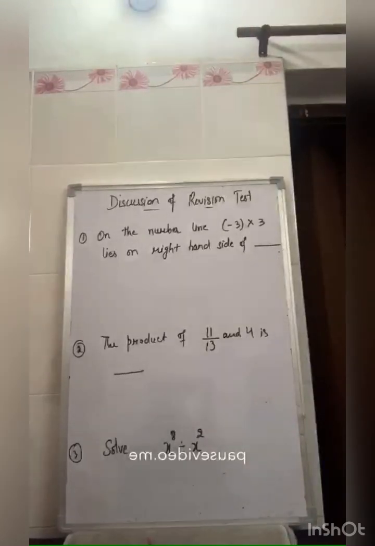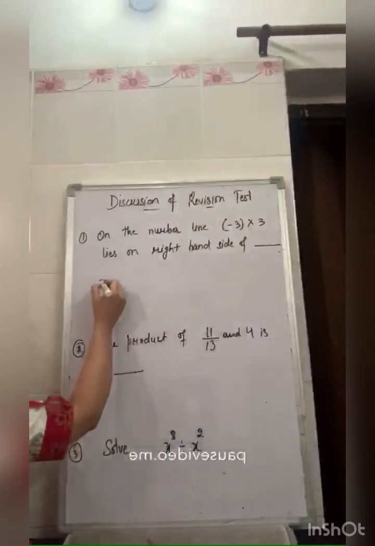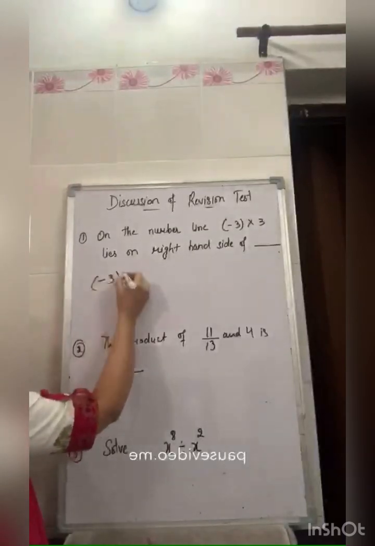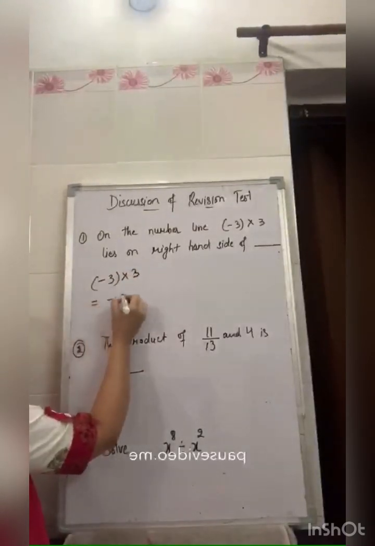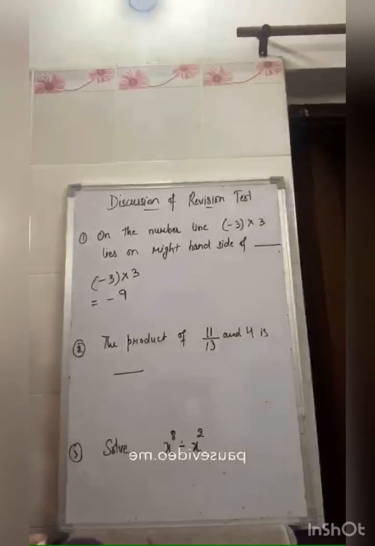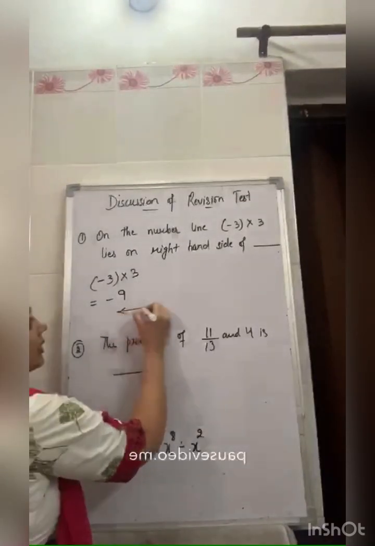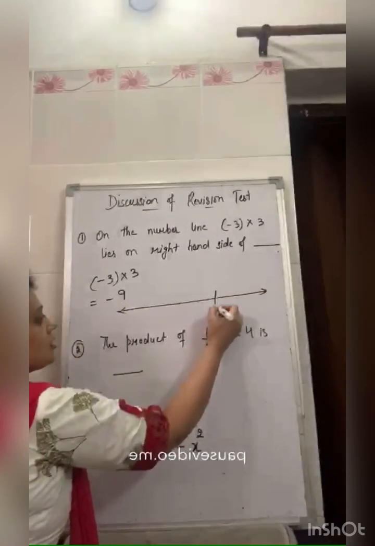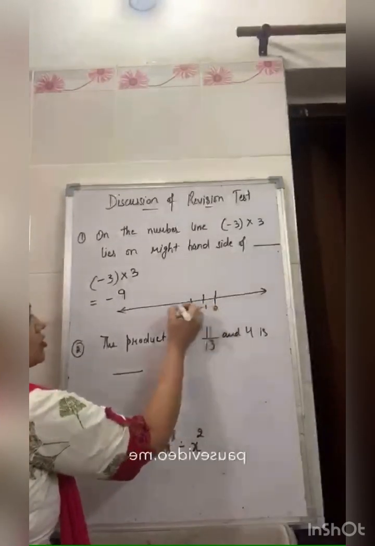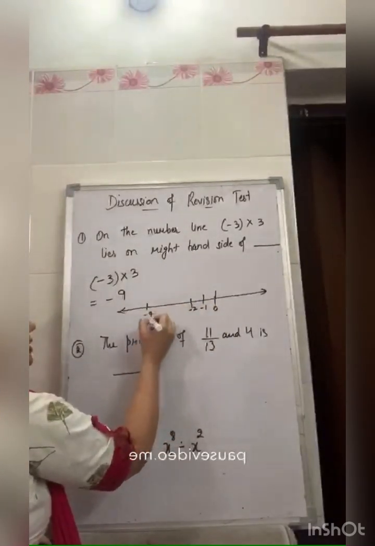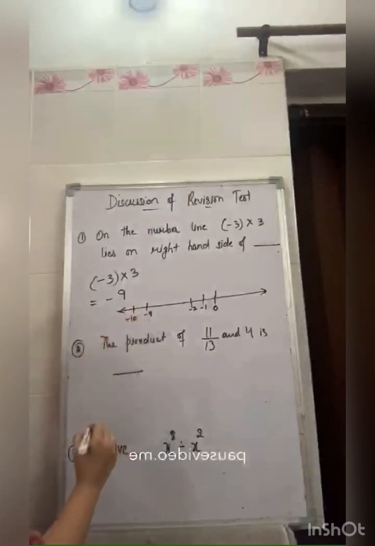On the number line, -3 multiplied by 3 lies on the right hand side of dash. Now, what is -3 multiplied by 3? It is -9. Now, we will draw the number line. 0, -1, -2, so on up to -9, -10, right?